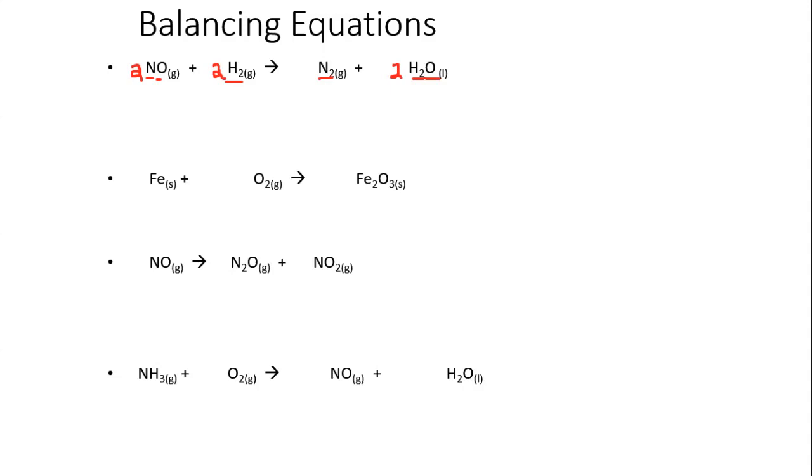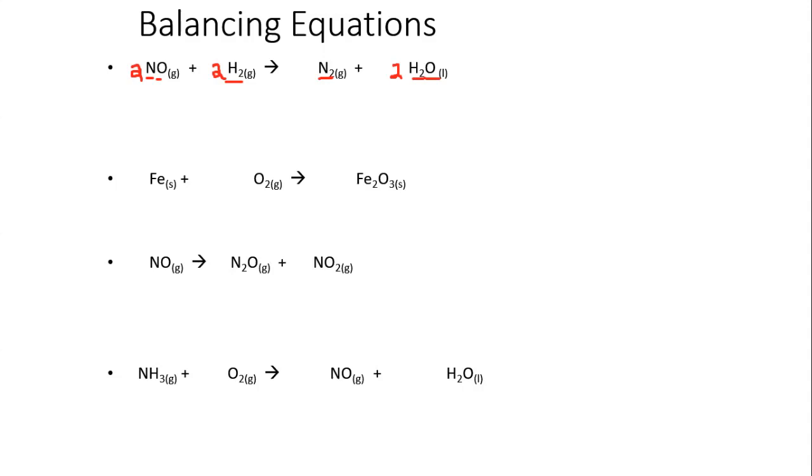Next we have Fe plus O2 gives us Fe2O3. So here we notice iron is not balanced because there's 1 iron to 2 iron, and oxygen is not balanced, it's 2 to 3. Since iron is only 1 on the reactant side, anything we put in front of Fe2O3 we can easily balance with iron.